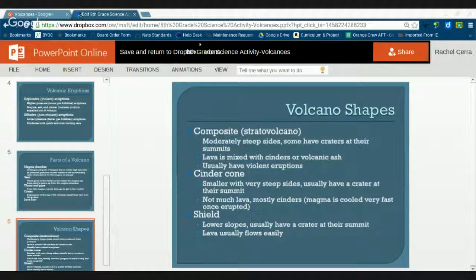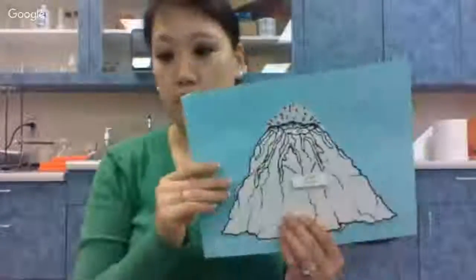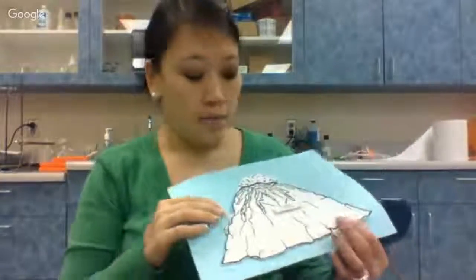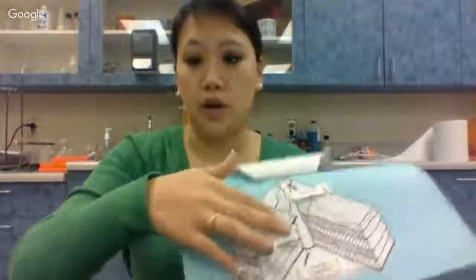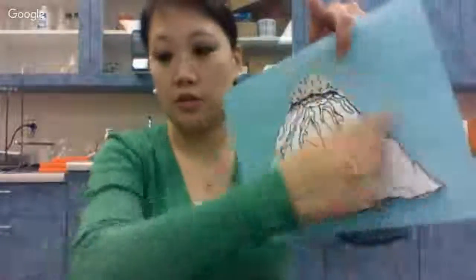The next thing you're going to get is your worksheet here. Okay, so I have it on a blue piece of paper so you can kind of see it a little bit better. But you're going to get 2 pieces of paper, which I don't have now. You're going to get this one, and then you're going to get this one with all of the inside version of it with all of the labels, okay, and the definitions. So what you're going to do is you're going to cut out your volcano.